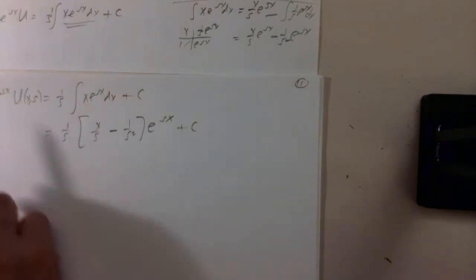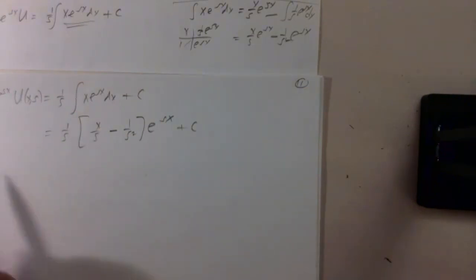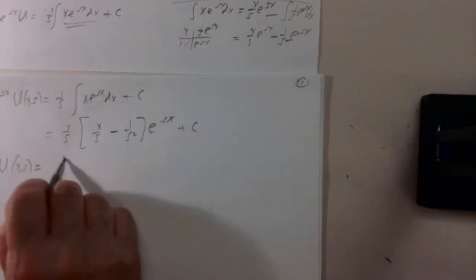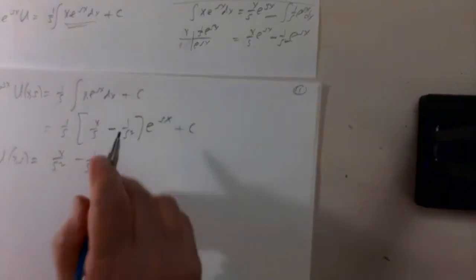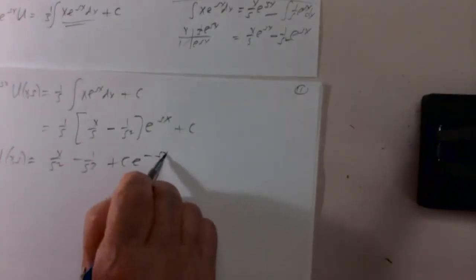So if I divide by e to the sx, I get u of x, s. This is canceled. I get x over s squared minus 1 over s cubed plus c e to the minus sx.